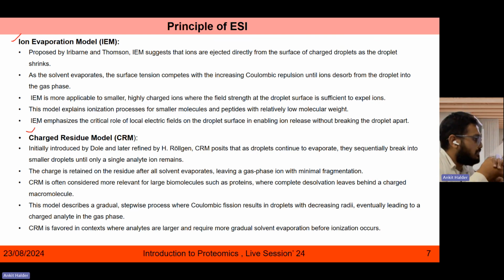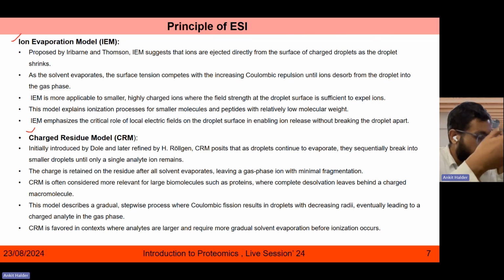And then another model is the charged residue model. It was given by Dole and then refined by Rollgen and others, in which droplets continue to evaporate. They sequentially break into smaller droplets until only a single analyte ion remains.